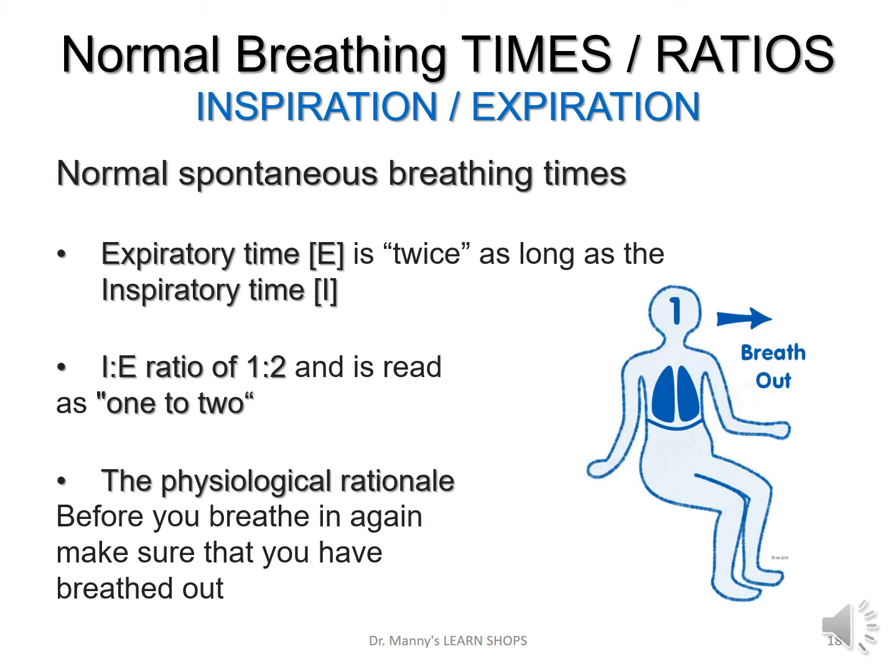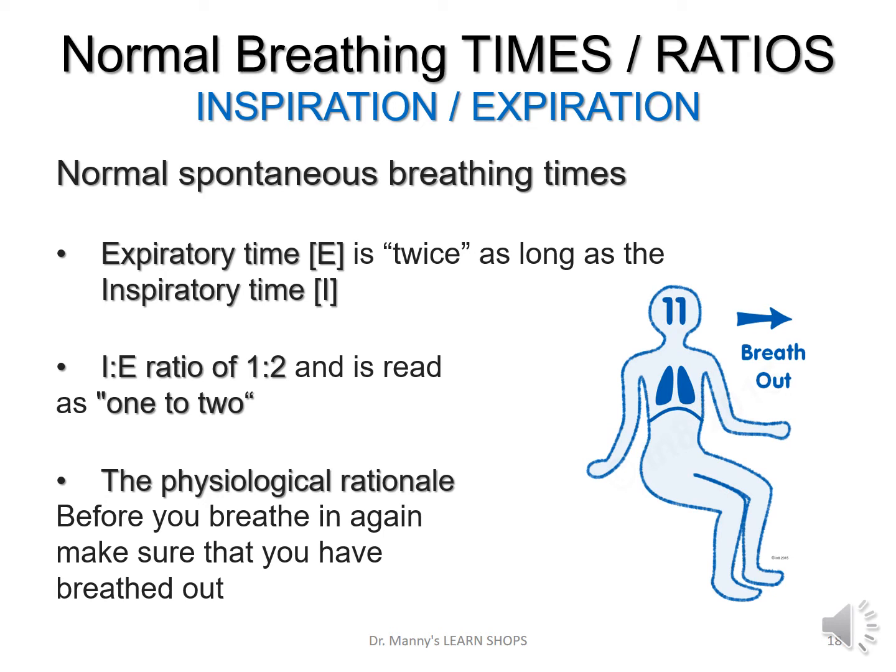Let's look at breathing times, which are referred to as the breathing ratio, the inspiration-expiration ratio, or the IE ratio. Now, under normal circumstances, normal people have more time available for themselves to expire gas or air.